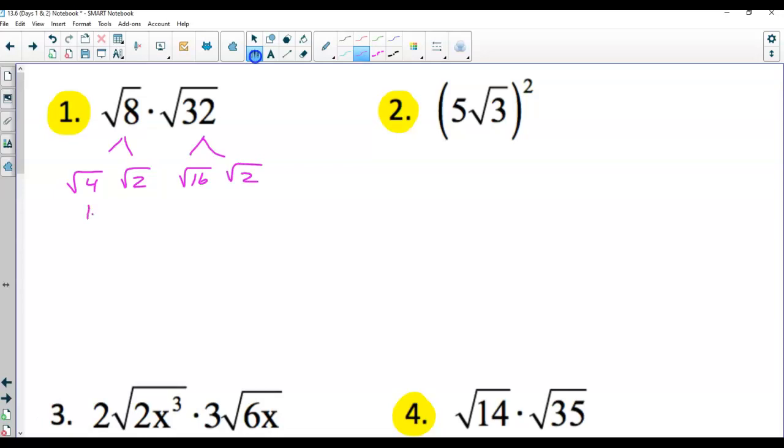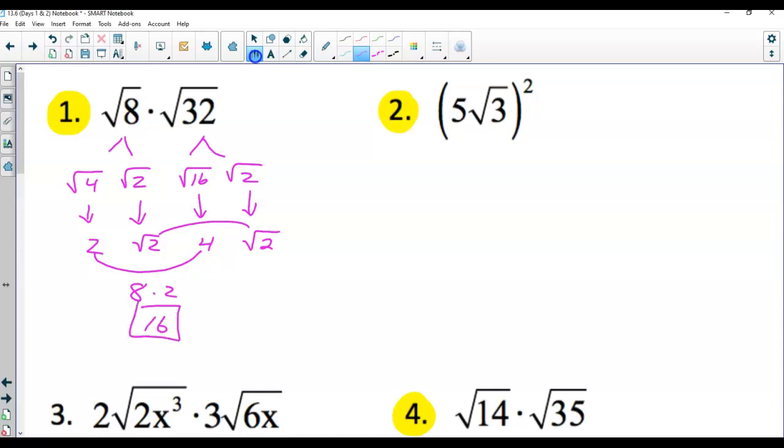I see this as a 2, this is a square root of 2, this is a 4, this is my square root of 2, and because those are the same roots, I know these outies are 8, these innies are going to become 2, to get 16. When I'm multiplying the exact same root times the exact same root, the root goes away, and I'm just left with what's underneath it. Number 2, okay? And I'm only going to do these highlighted ones.